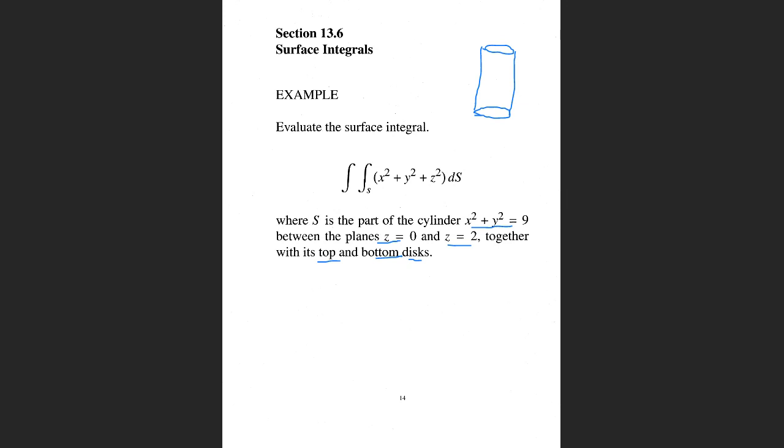So you have three surfaces here. To get this entire surface integral over the entire surface S, how many surface integrals am I going to have to compute and add?